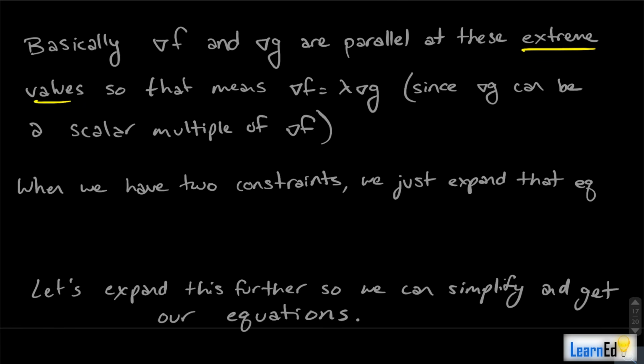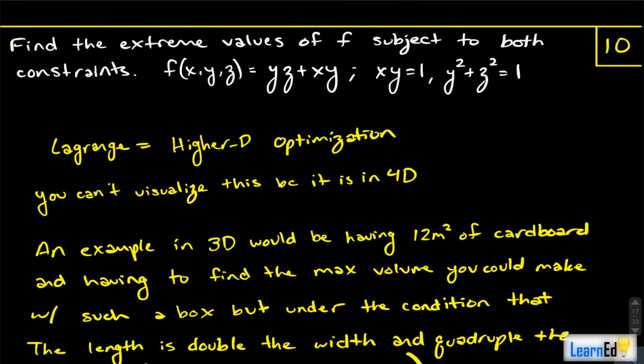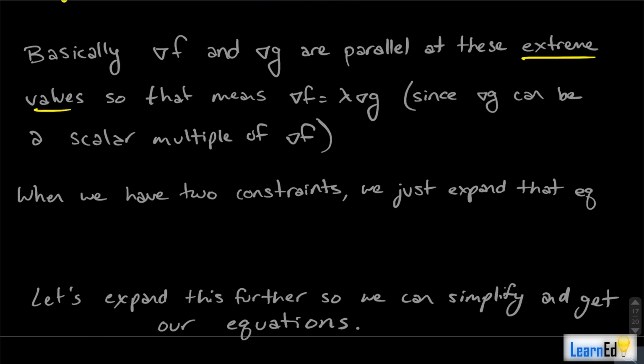Del f and del g are parallel, so the gradients of your regular function and your constraint are going to be parallel at these extreme values that you're looking for, right? You're finding extreme values. So that means that basically del f can be a scalar multiple of del g. Okay, so we put a lambda there to denote that it's a scalar multiple, right? If these things are parallel, they don't have to equal each other. They can just be a scalar multiple of each other, right?